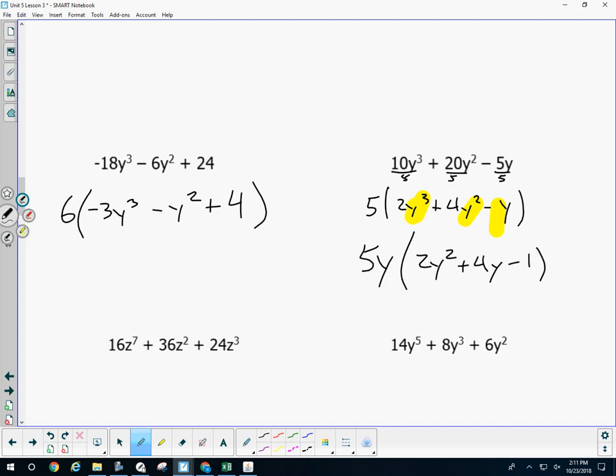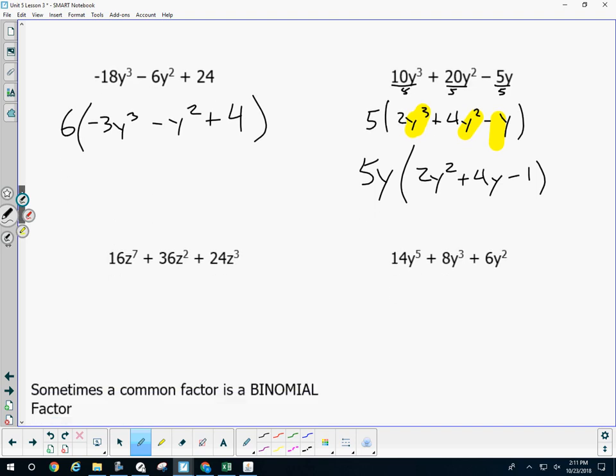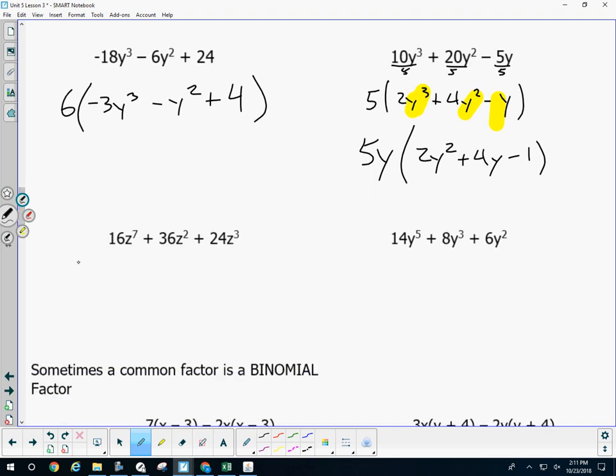Okay, do the last 2 really quickly. Let's make sure we're all on the same page. Let's say you think 4 is the biggest number you could pull out.